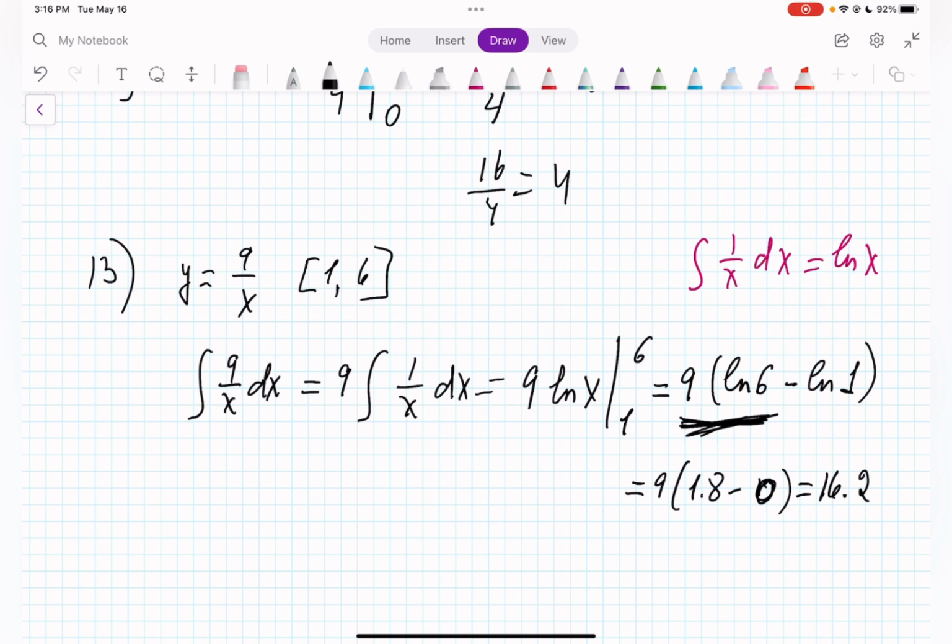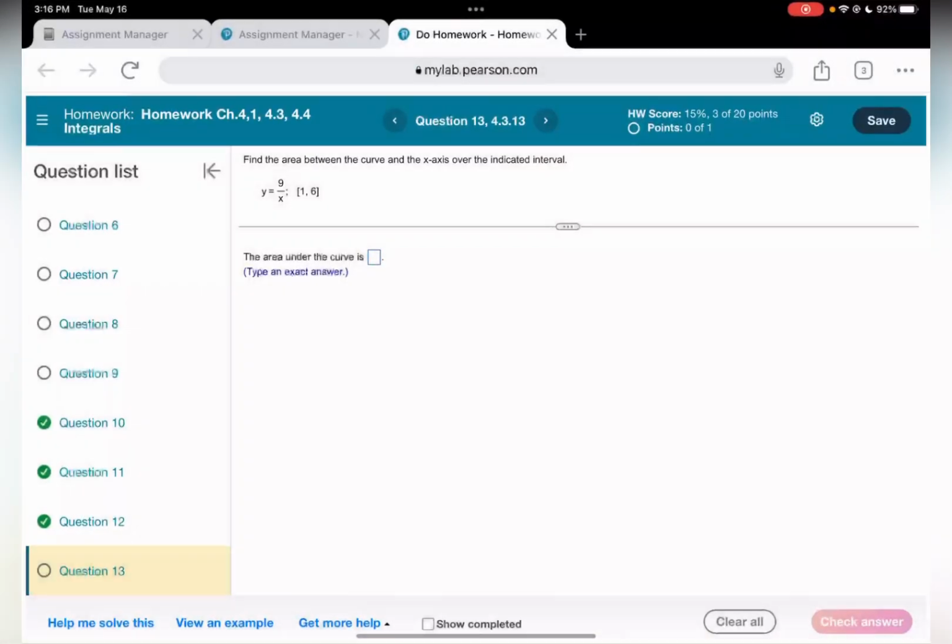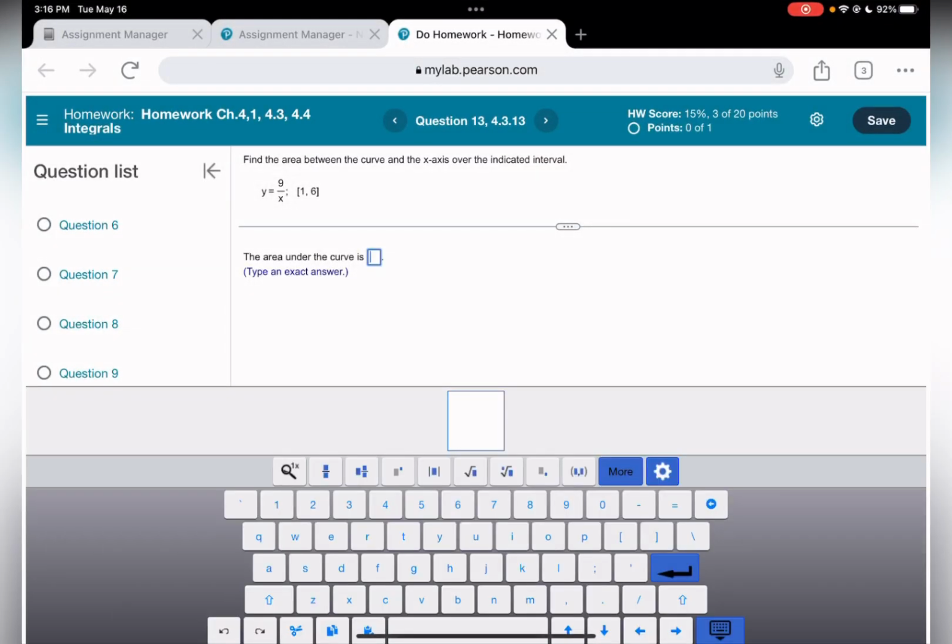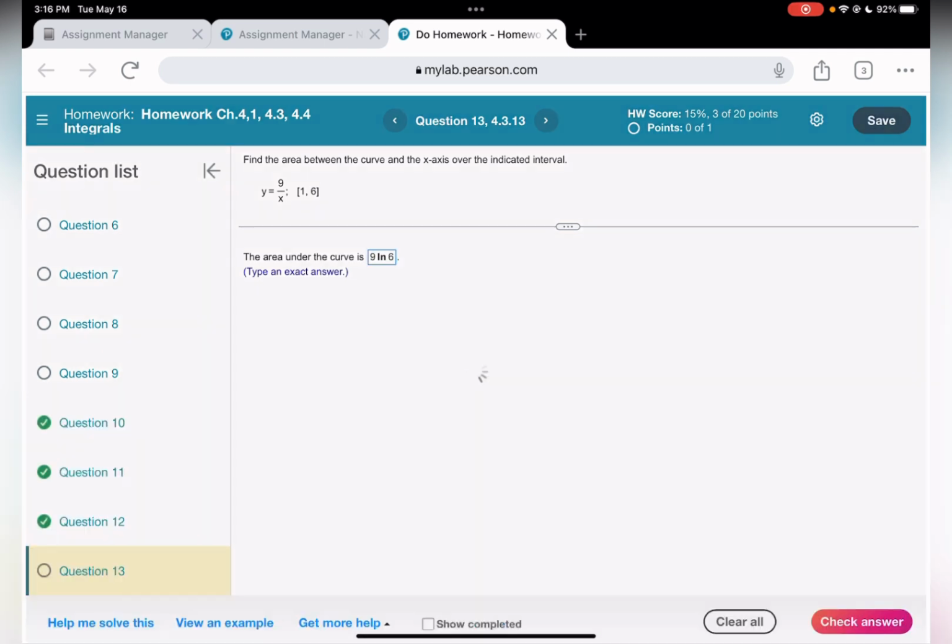Otherwise, everything else is going to be approximate. Since this is going to be equal to 0, right? So we get 9 times logarithm 6. So we plug in just like that: 9 times natural log 6.